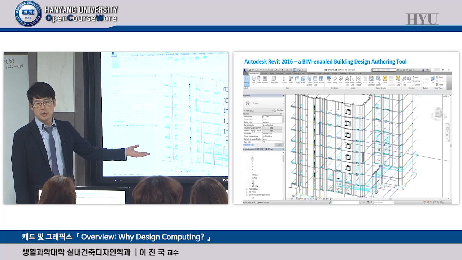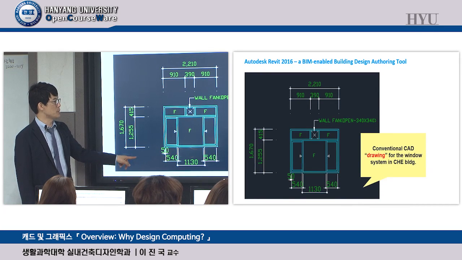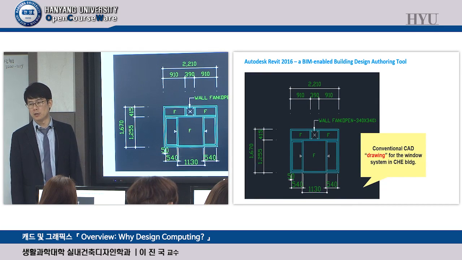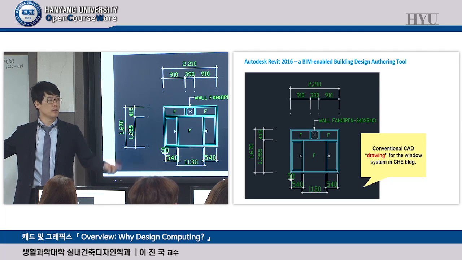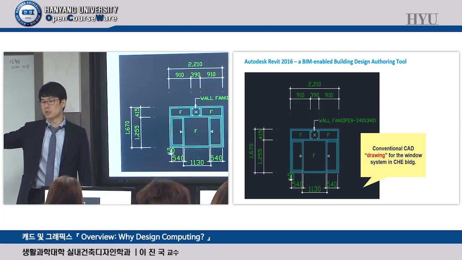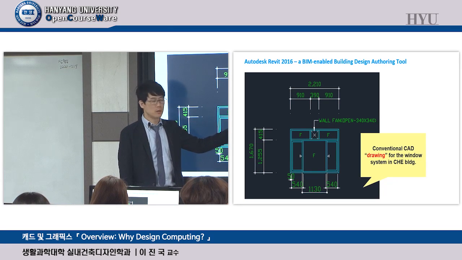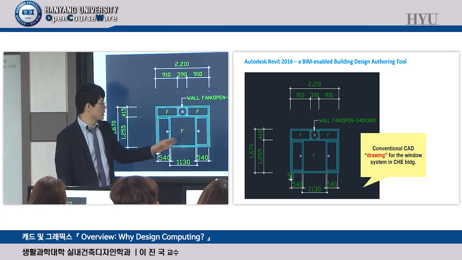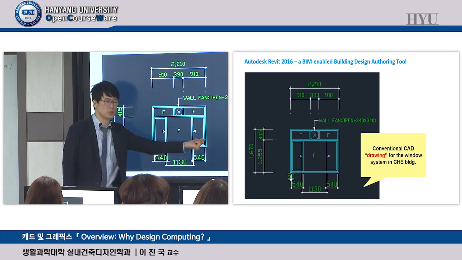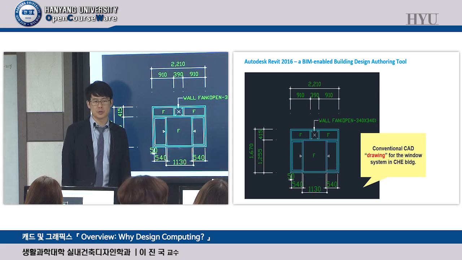For designing this building, let's take a look. This is a professional CAD drawing for that window, okay? We have a number of window systems. Take a look. Fan and 2 above windows and 3 windows, and those 2 windows are moving to the center, okay, to the middle of this structure.